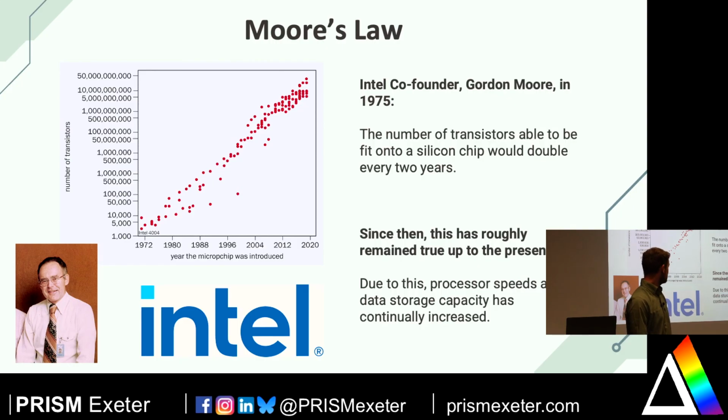His prediction was that the number of electronic devices that is possible to fit onto a silicon chip or inside of an integrated circuit should double around every 2 years. He said it in the 1960s, where he originally predicted around every 18 months, but he revised it to every 2 years in 1975.